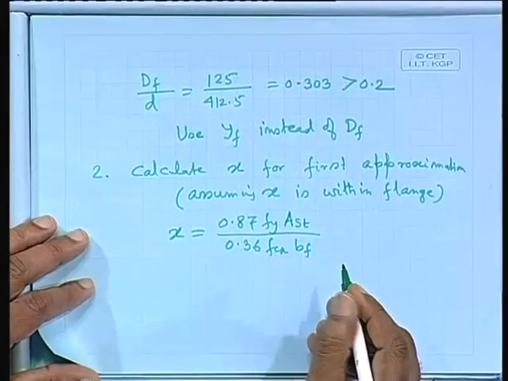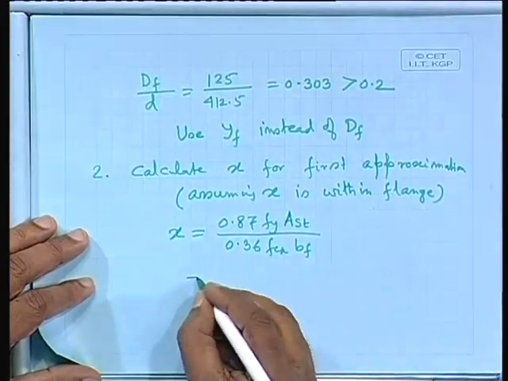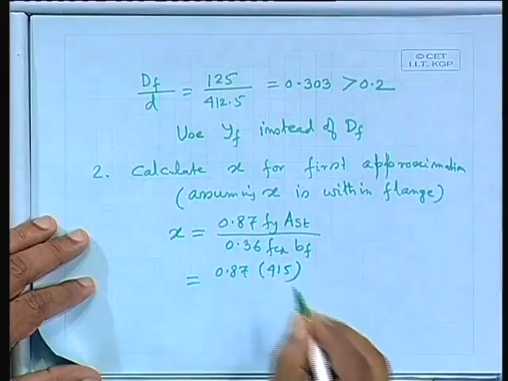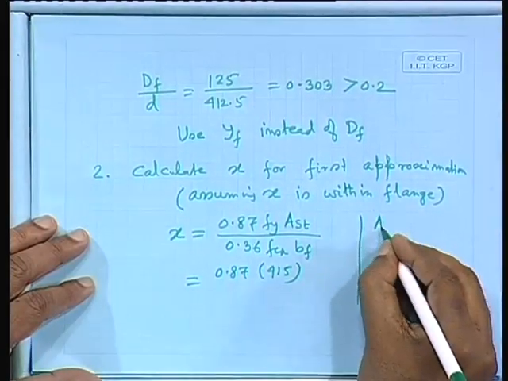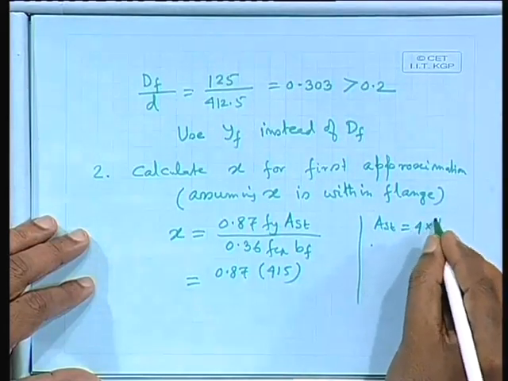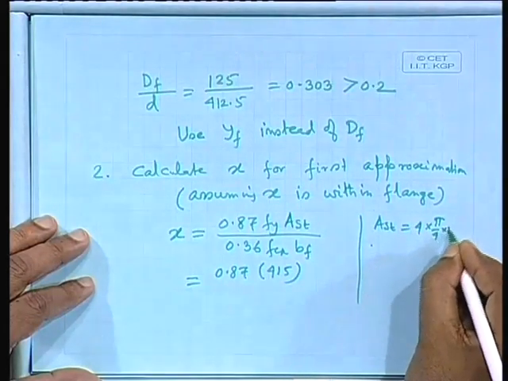So, 0.36 FCK BF equals 0.87 Fy area of steel, 4 into 5 by 4 into 25 square.